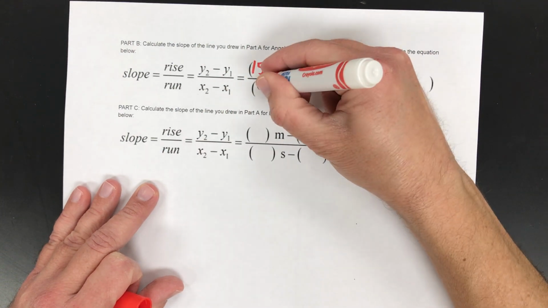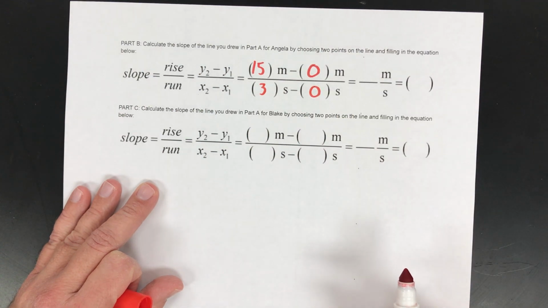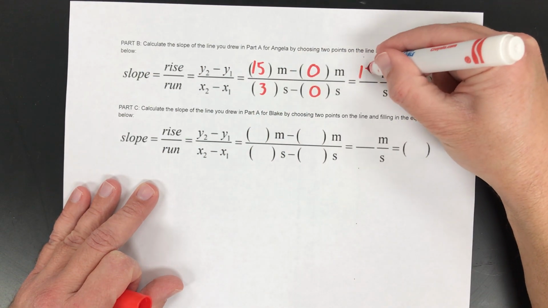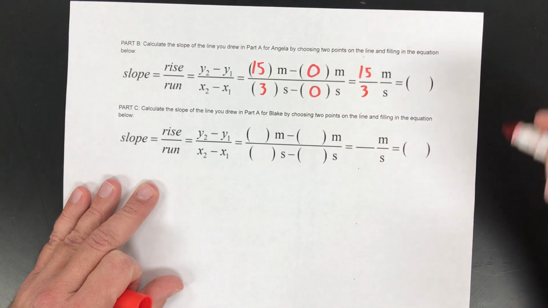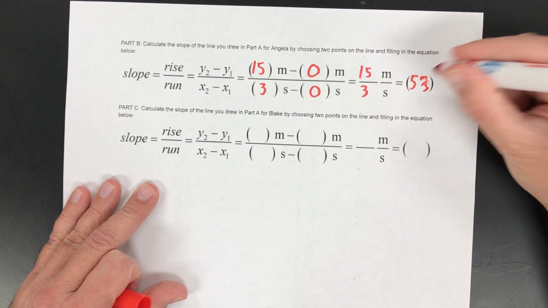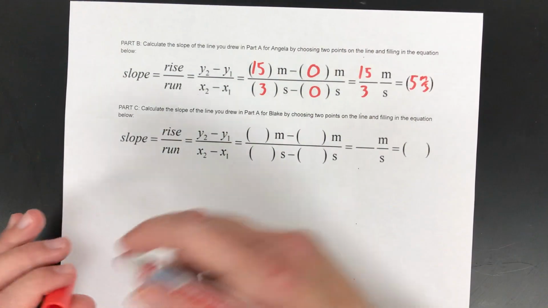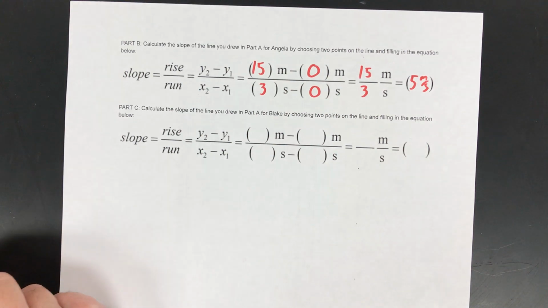Her final time is 3 seconds, and her initial time was 0 seconds. So 15 minus 0 is 15, and 3 minus 0 is 3, and 15 divided by 3 is 5 meters per second. So showing that the slope has to be the velocity that they gave us to begin with.